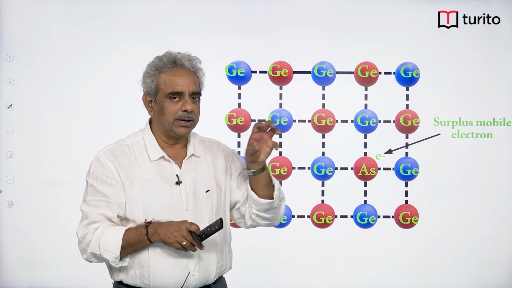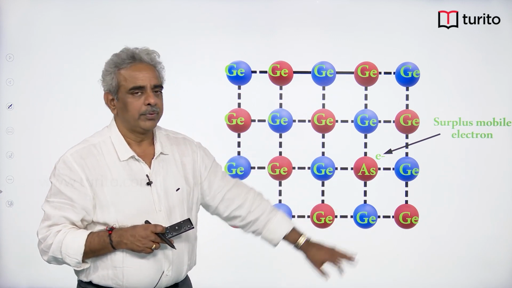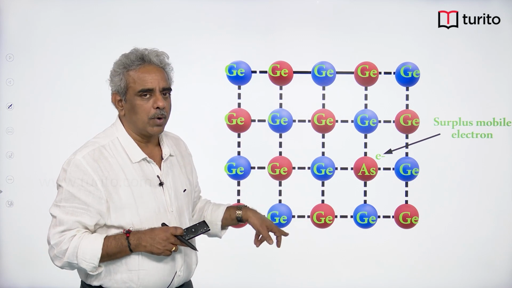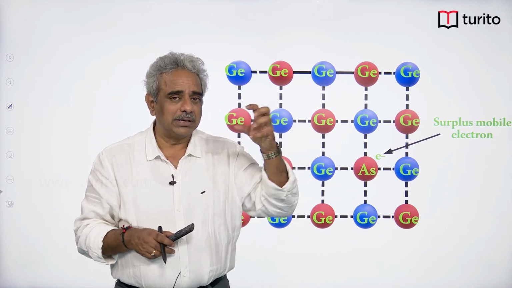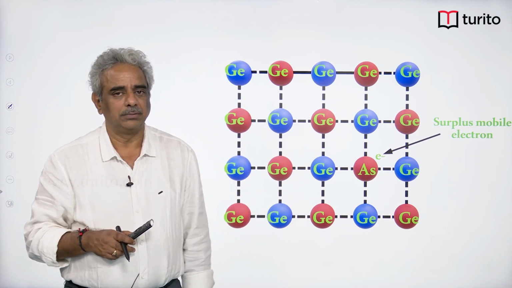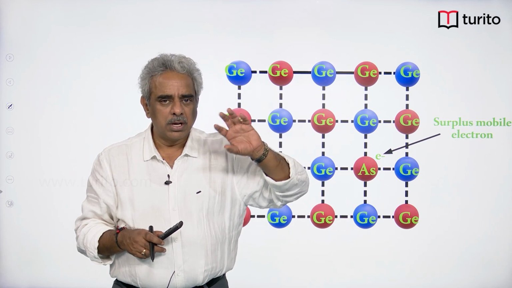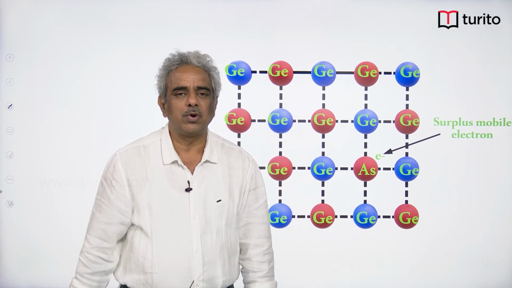So, the best suited doping in germanium crystal is arsenic. Arsenic has 5 valence electrons, but this lattice requires only 4 bonds. So 1 electron is unutilized, a surplus electron. Wherever you have one arsenic atom distributed in the crystal, there will be 1 electron left unutilized.